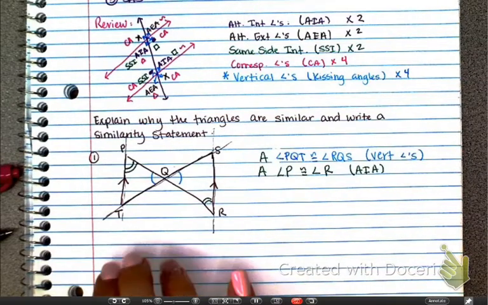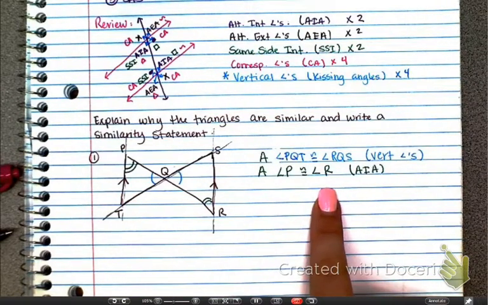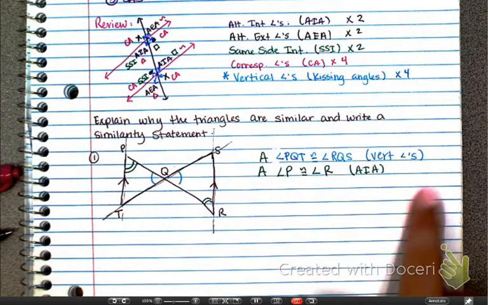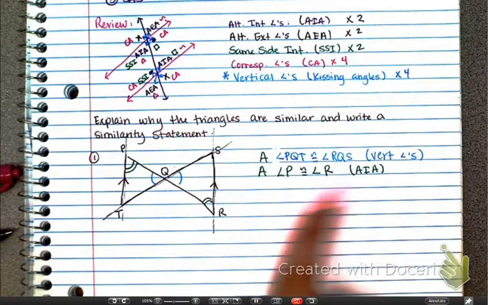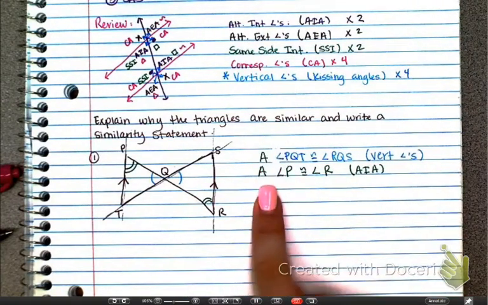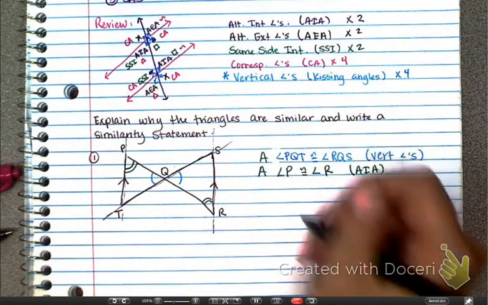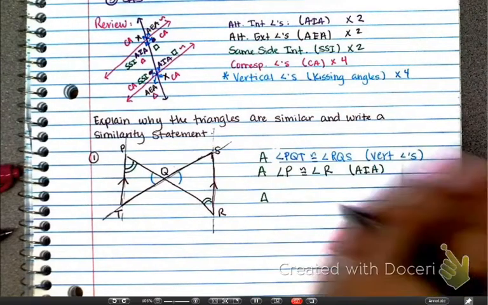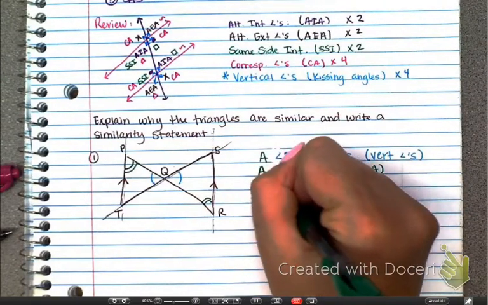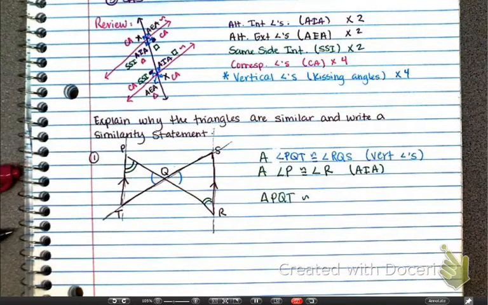Those two triangles are similar because we proved angle, angle. This is all you have to do here. So I like to write out what I'm proving, fill in the information, and then the last step is to write a similarity statement. So if I'm gonna call it triangle PQT, what would PQT be similar to?